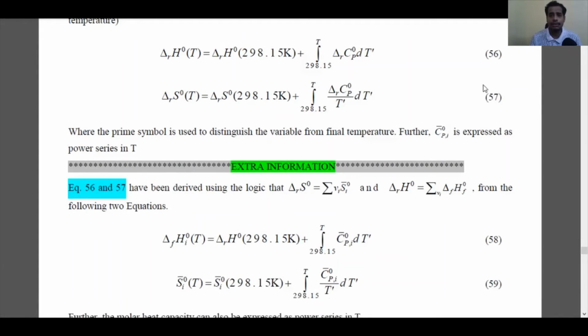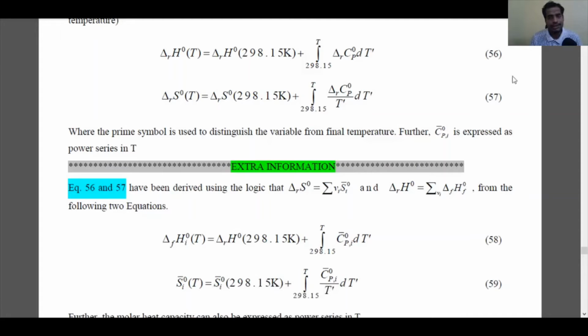Actually the equation 56 is derived from 58. This is extra information, we can directly use that. But how is the reaction enthalpy at any desired temperature obtained?